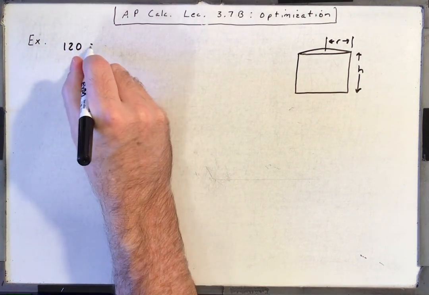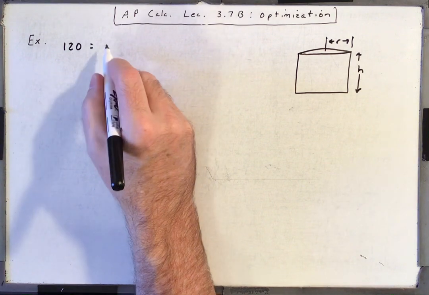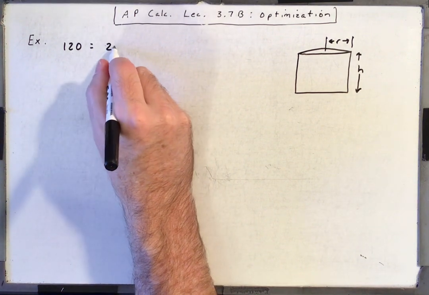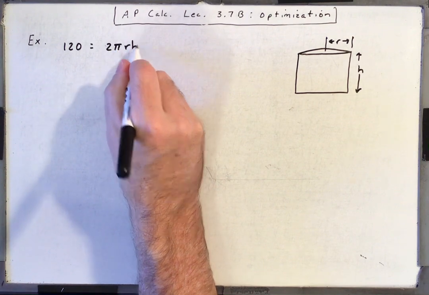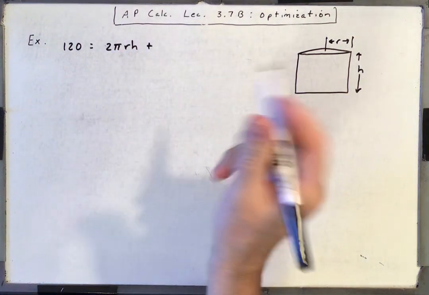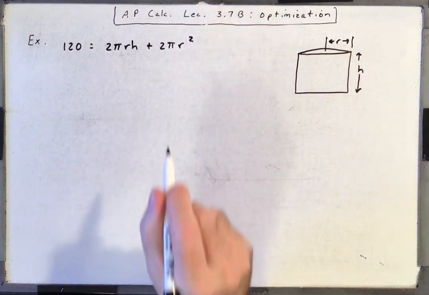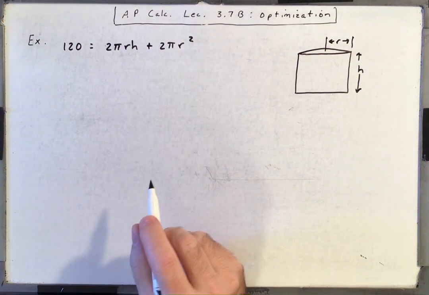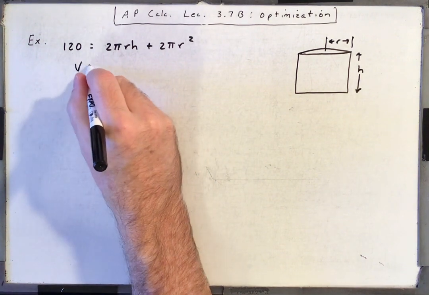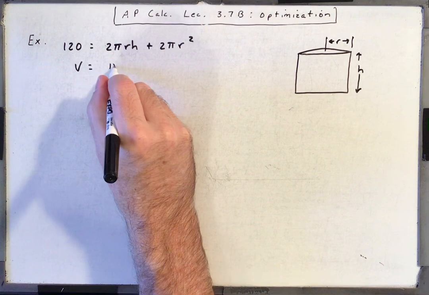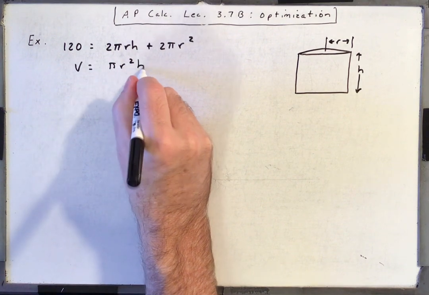So we have 120 is equal to 2 pi r h, that's the sides, what we just did, plus pi r squared plus pi r squared, so that'd be 2 pi r squared. And we also know that the volume of the can, that's given in the problem, is pi r squared h.